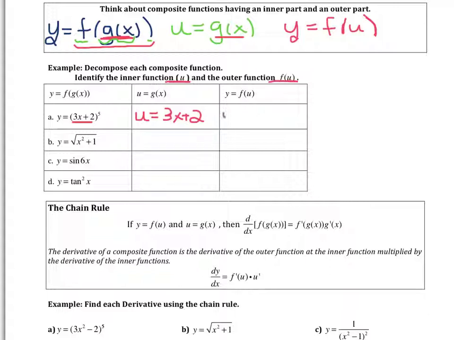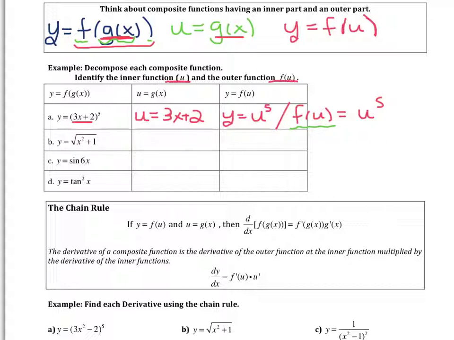So your y is going to equal u raised to the 5th power. Now you could write this as y equals u to the 5th, or you could write it as f of u, a function of u, is equal to u to the 5th. We're going to have to eventually write it like this below, so it makes a little bit more sense to go ahead and start writing it now.